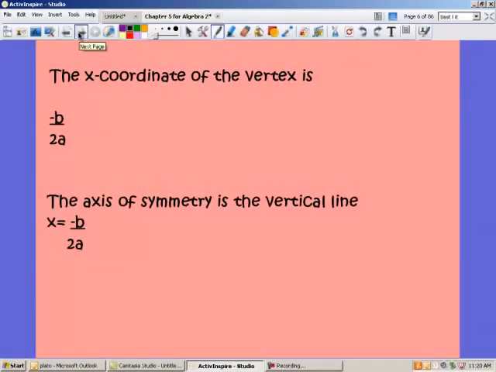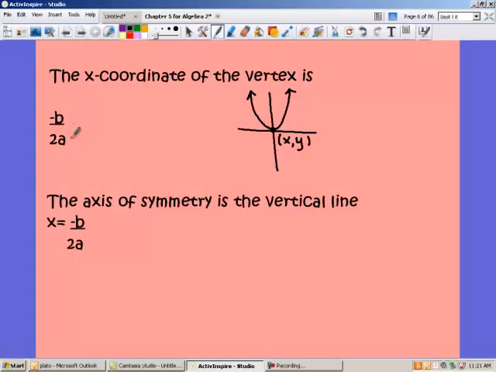Alright, so to find the vertex on your graph, there is a formula that you can use, and it's negative b over 2a. But this only gives the x coordinate. So here's your vertex. Remember, this is an x and y point. In order to find the x point, we can use this negative b over 2a.